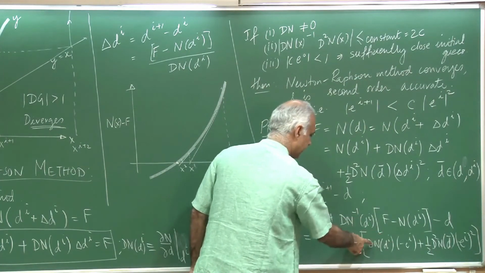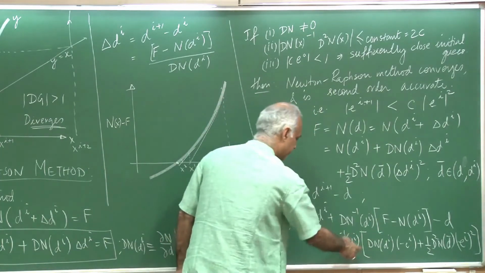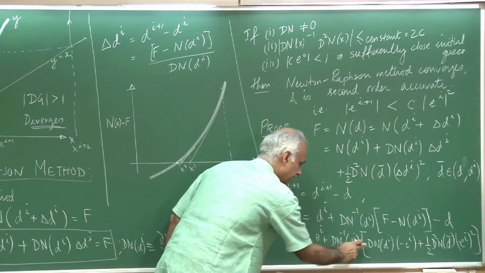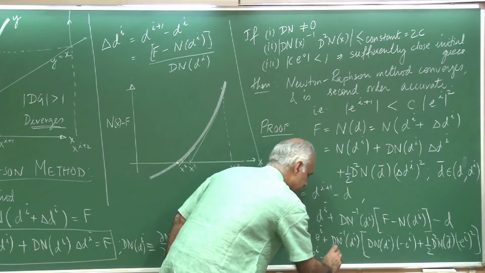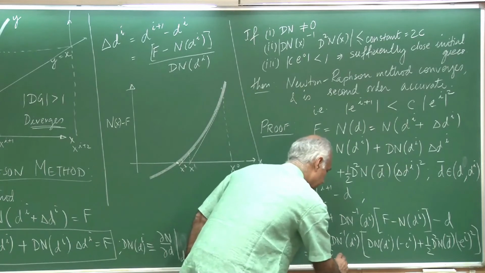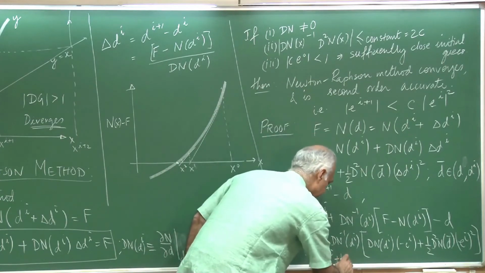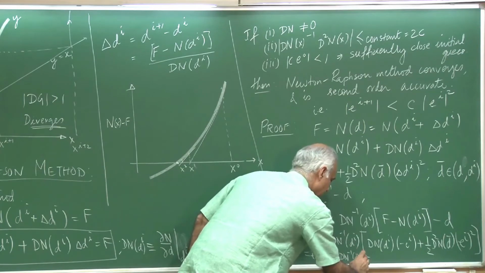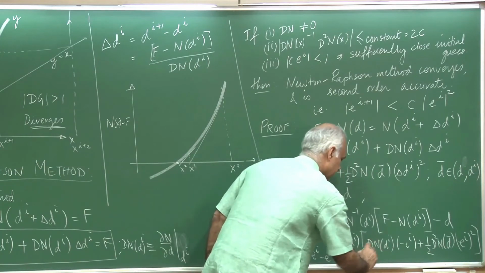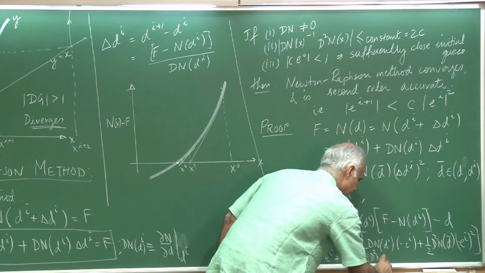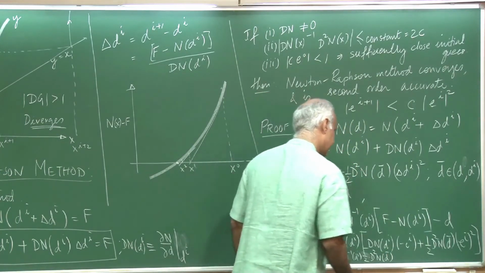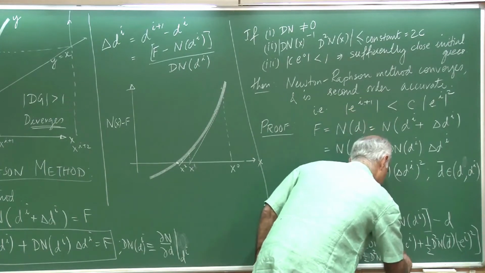Please notice it will cancel out the first term, so I am going to get the following from this. This is e_i, and from the first term I get a minus e_i, and from the second term I get plus dN inverse of d_i times a half of d squared N of d bar, and then e_i whole squared.